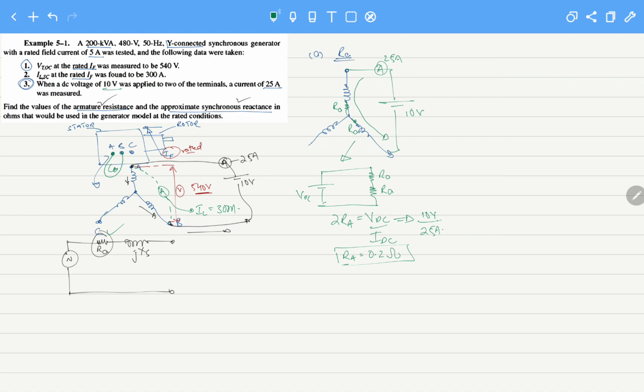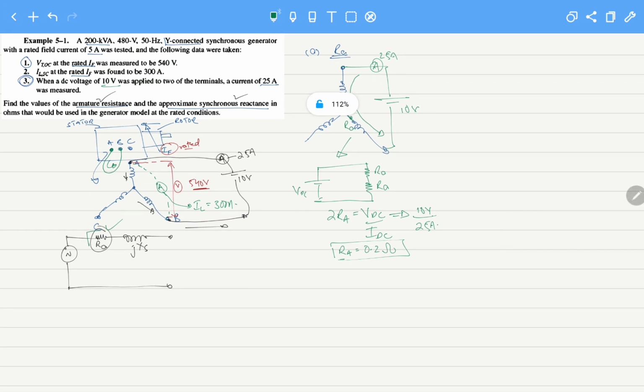Now for the second part, that is related to calculating the synchronous reactance. Let's look at this. How can we calculate this?